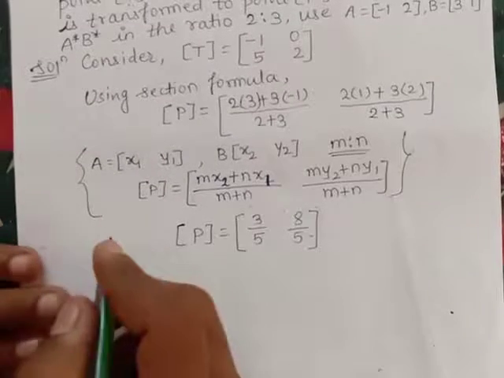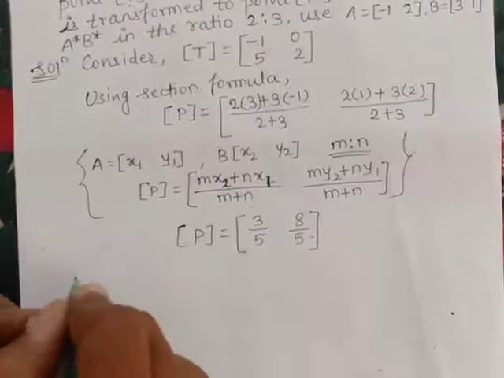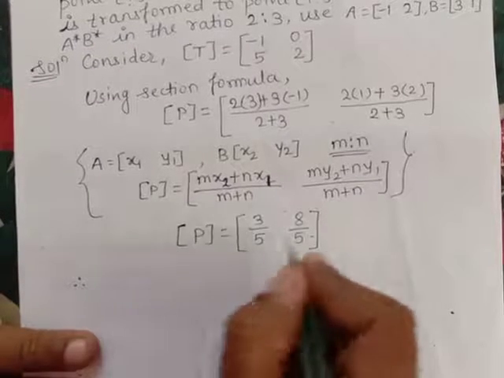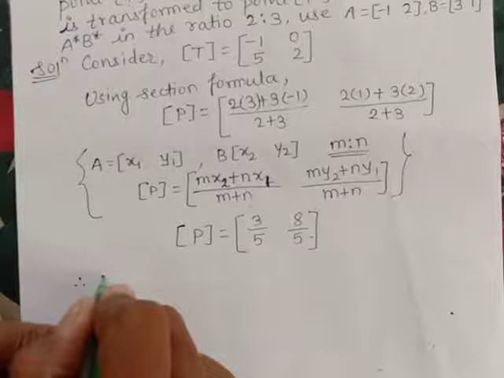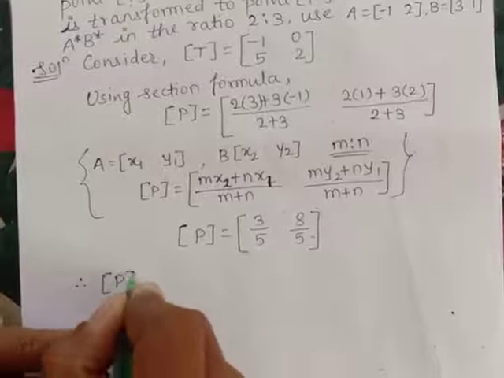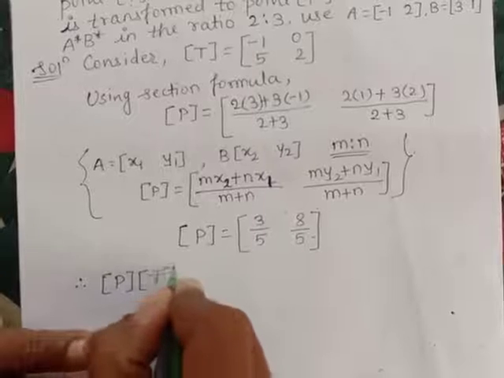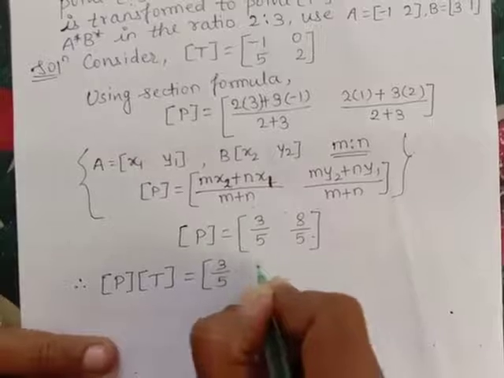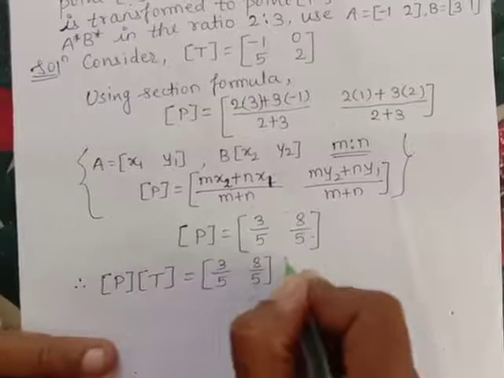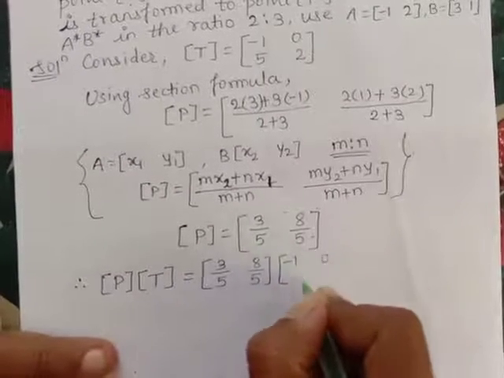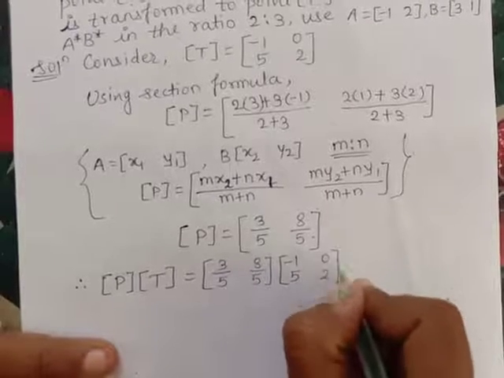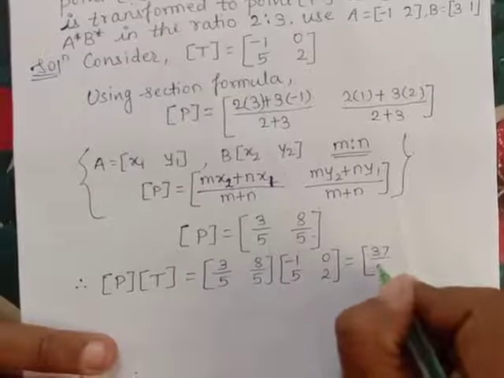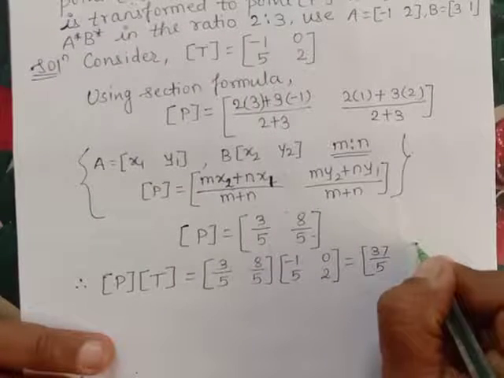Now what is the transformed point P? The transformation of P is P into T. So it will be (3/5, 8/5) into T [-1 0; 5 2], and that is (37/5, 16/5).